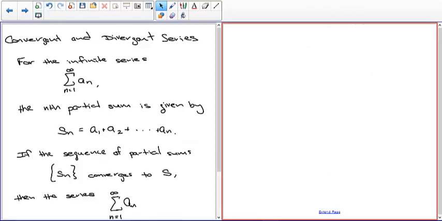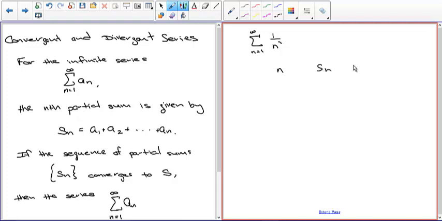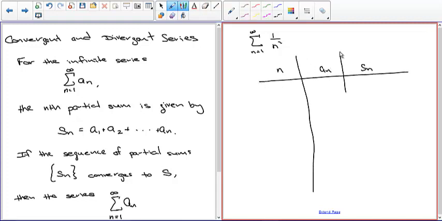So let me demonstrate what they're saying here. Again, let's say that our series is 1 over n squared, which does converge. Okay, we'll find out why later. But if I make a table of n, a sub n, and s sub n, we'll start at n equals 1.